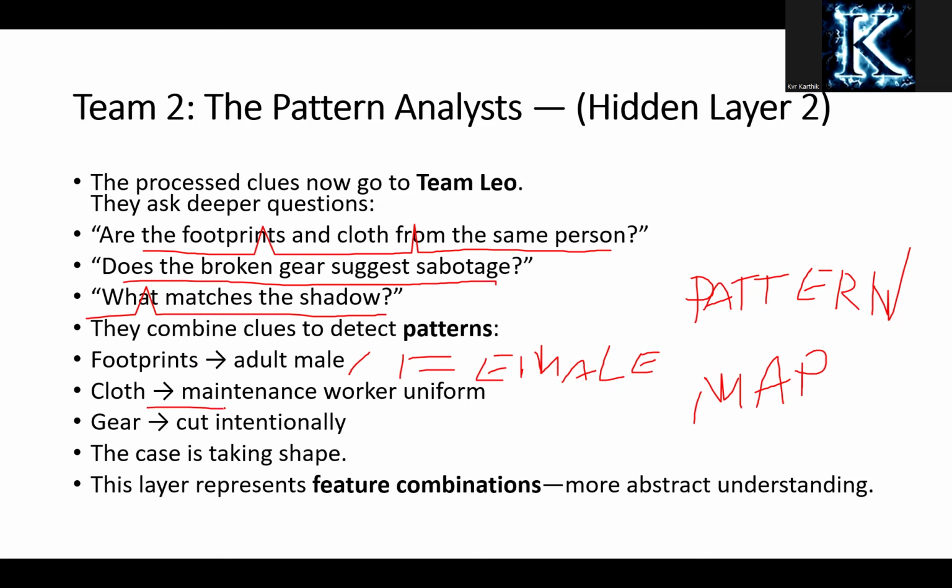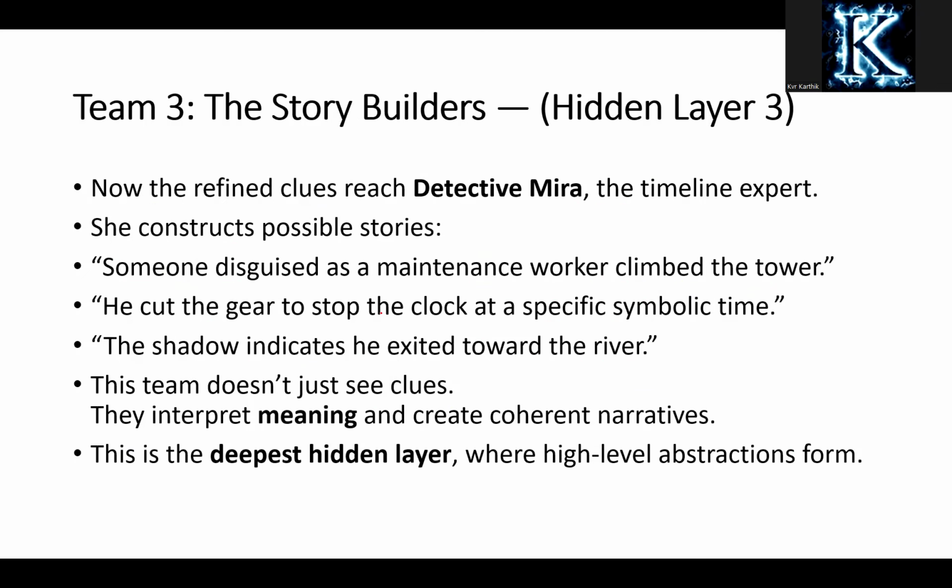So the cloth, which person does it belong to? It may belong to some worker in the maintenance room or some other person. And the gear, was it cut intentionally or has someone broken it? That is to be identified first. So this is the second investigation process that takes place in the second layer.